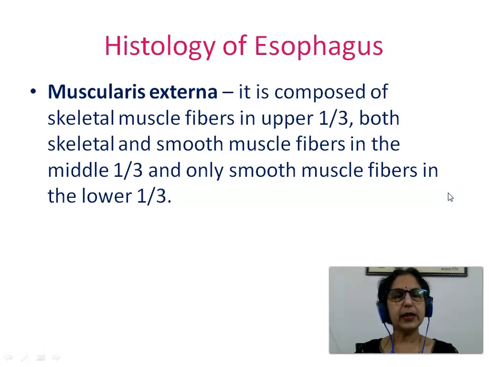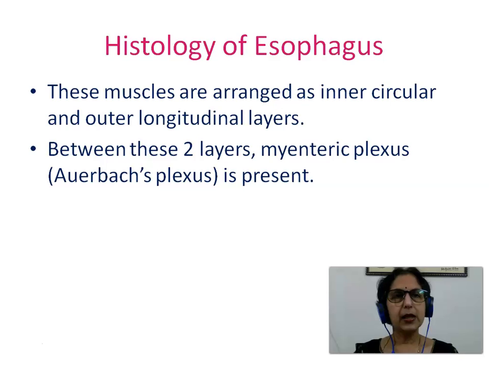Next we study the muscularis externa. It is composed of skeletal muscle fibers in the upper 1/3, both skeletal and smooth muscle fibers in the middle 1/3, and only smooth muscle fibers in the lower 1/3. And how are these fibers arranged? These muscles are arranged as inner circular and outer longitudinal layers.